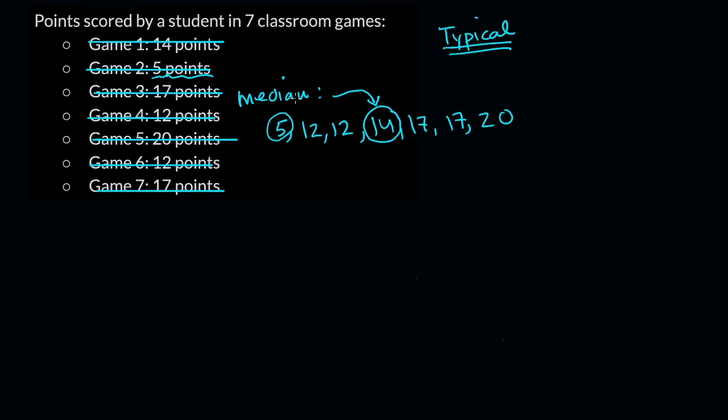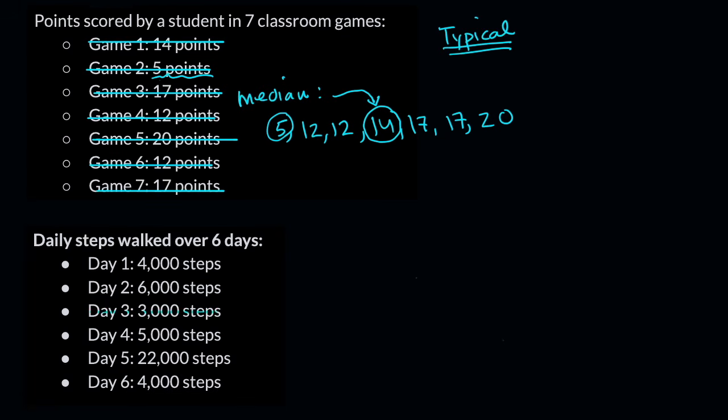Now that we understand that, let's look at another example. Here we are given another data set, daily steps walked over 6 days. Why don't you pause this video and try to figure out what the median is? All right, same idea. Let us actually order these. The least number of steps is 3,000 right over here.